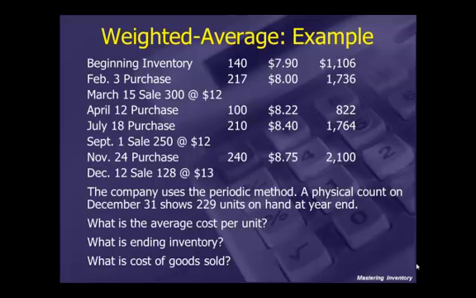A physical count on December 31st shows that there are 229 units on hand at year end. You should also be able to take the beginning inventory, add all the purchase units, subtract all the sold units, and that should reconcile to 229 units on hand at year end. What we want to know, we want to be able to answer, what is the average cost per unit, what is the ending inventory, and what is the cost of goods sold.